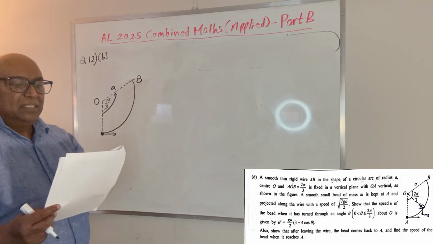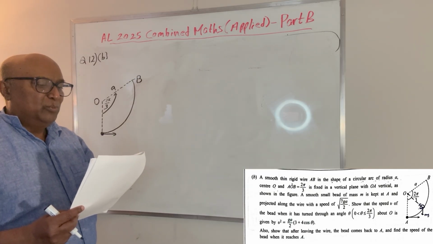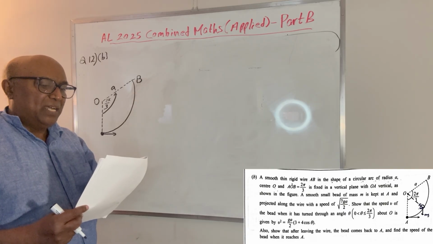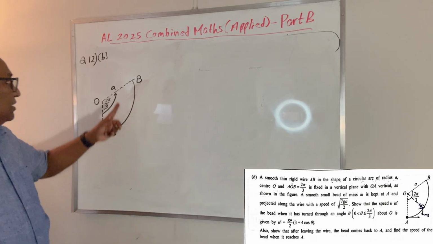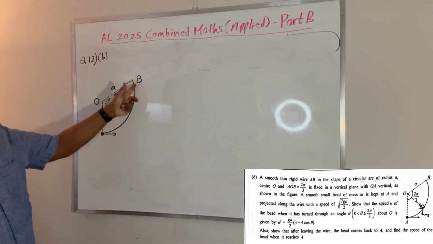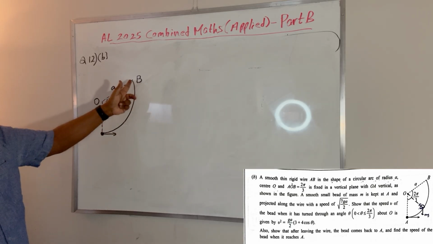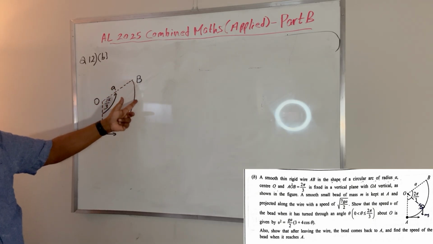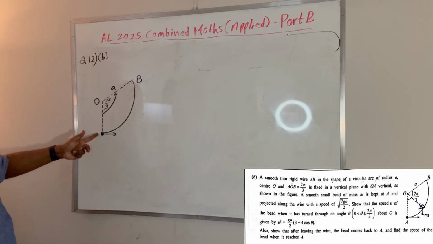This says a smooth thin rigid wire AB in the shape of a circular arc of radius a. This is the thin rigid wire, and it has been fixed in a vertical plane.